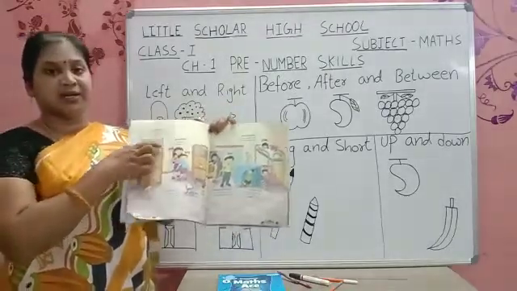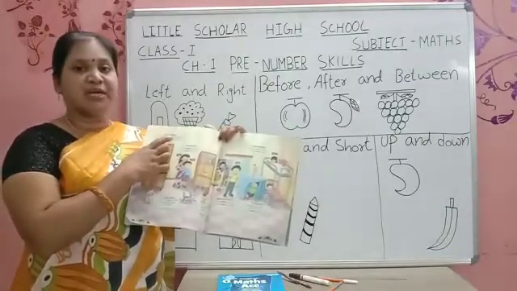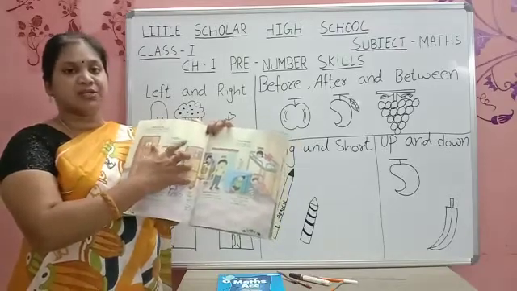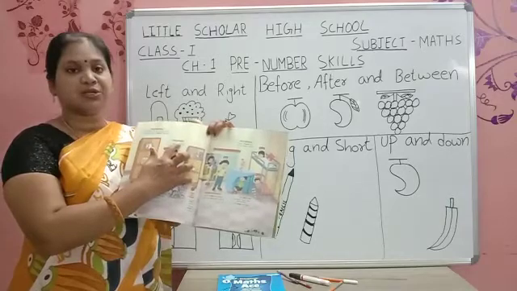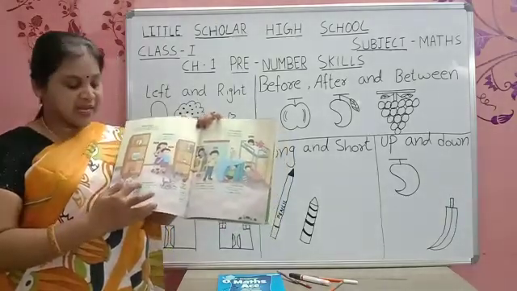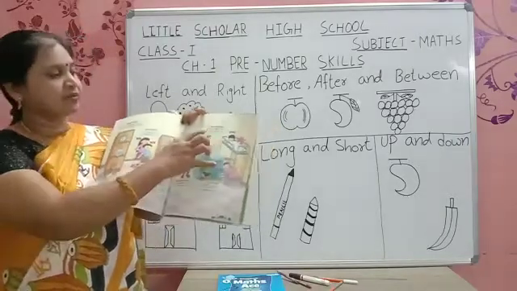Top and bottom. How to spell? T-O-P, top, B-O-T-T-O-M, bottom. Tall and short. T-A-L-L, tall, S-H-O-R-T, short. Next, near and far. N-E-A-R, near, F-A-R, far.